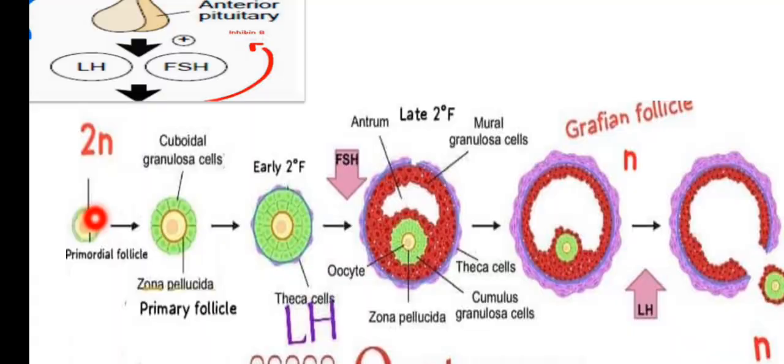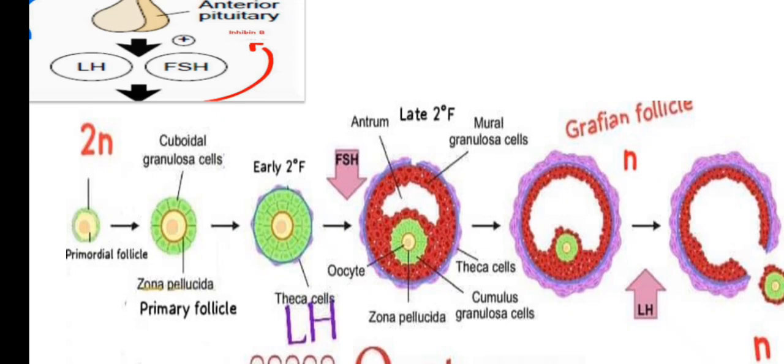After puberty, it's going to finish meiosis 1. But remember meiosis has got meiosis 1 and meiosis 2. The time this Graafian follicle is going to ovulate the ovum at day 14, that ovum is going to have a haploid number of chromosomes, which is 23 chromosomes, but it will not complete meiosis.